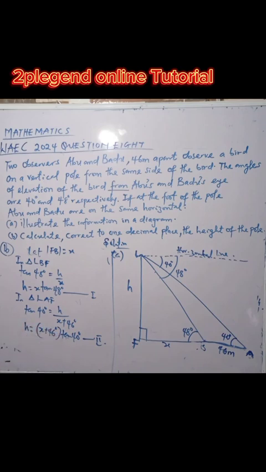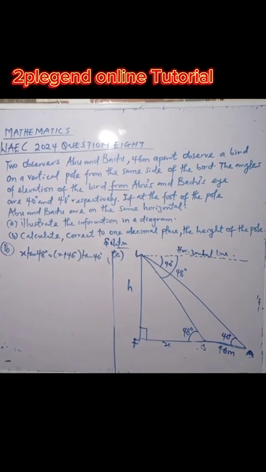Now since H is equal to this and H is equal to this, we can equate 1 and 2 together. So I'm saying that x tan 48 degrees is equal to x plus 46 times tan 40 degrees.